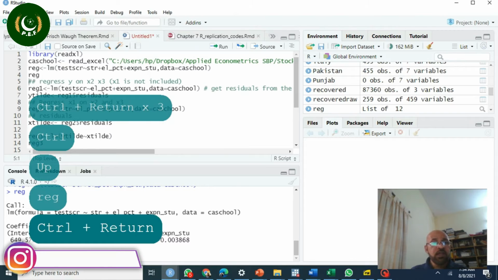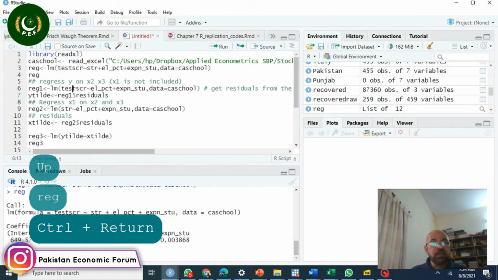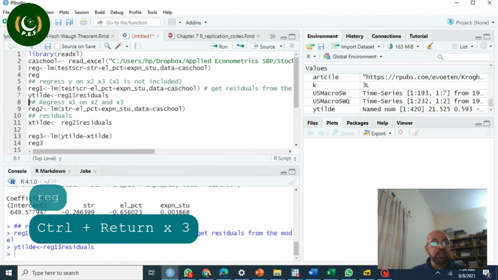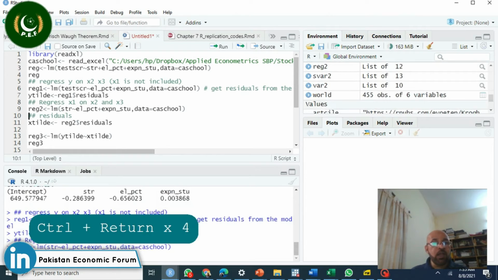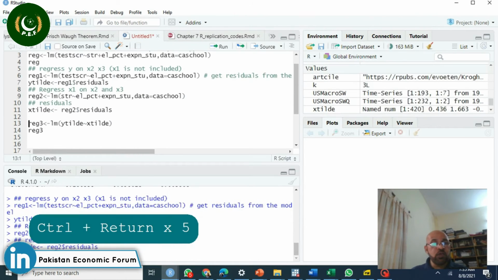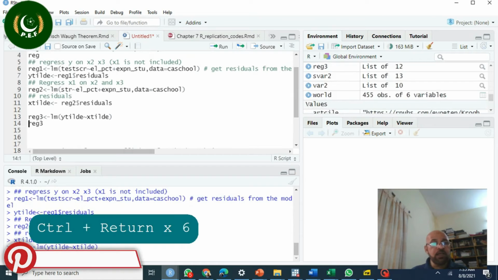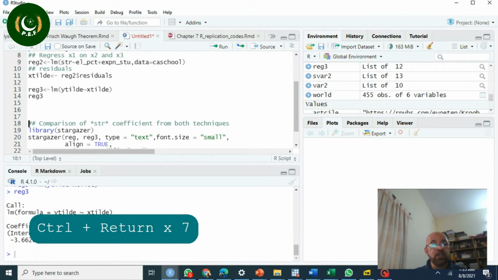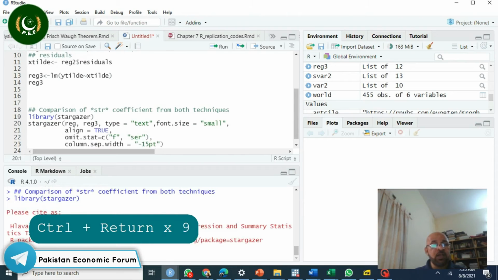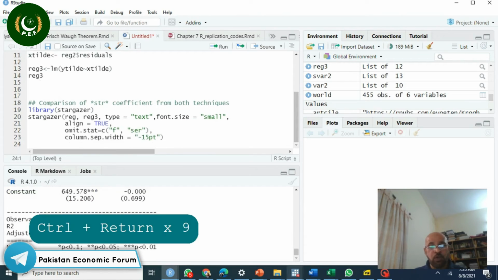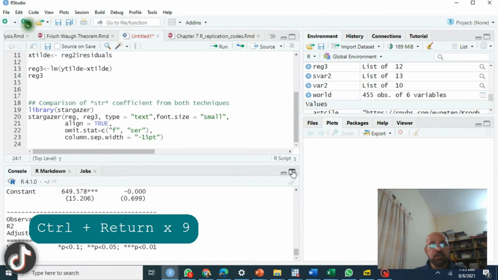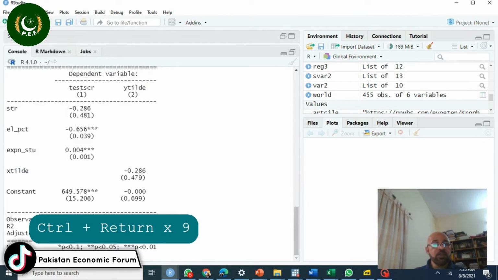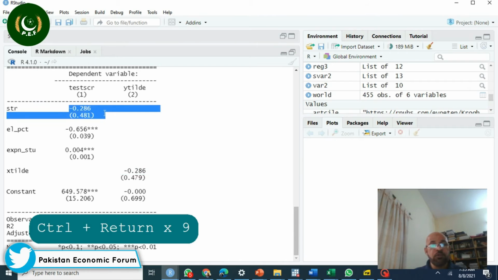Now we regress test score on English learner percentage and take the residuals, regress x1 on x2 and take the residuals, and then regress y tilde on x tilde, and you will have minus 0.286, the same coefficient. With the stargazer library, we can have it in tabular form. If you look here, this is test score, and you have the same coefficient here and here.